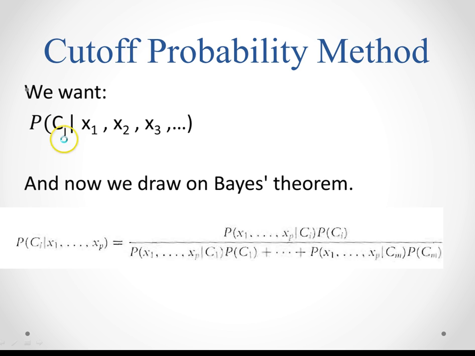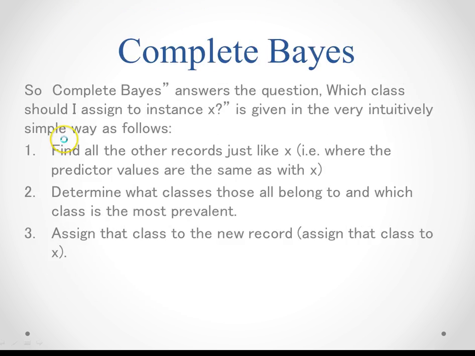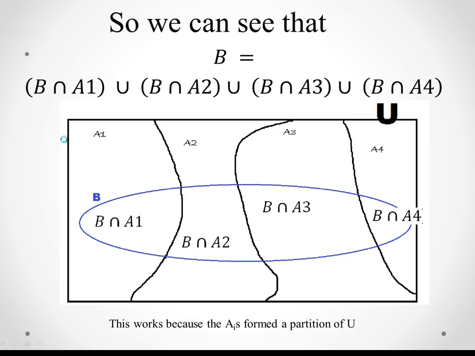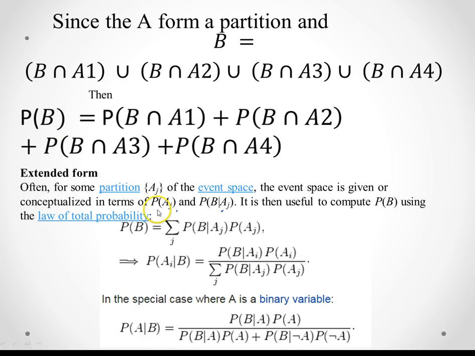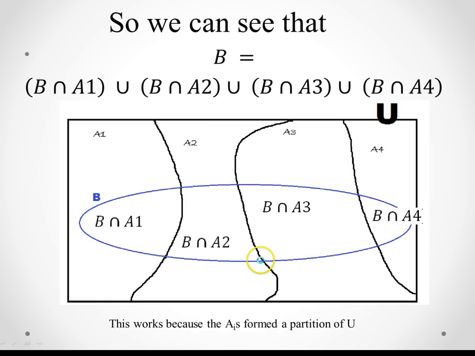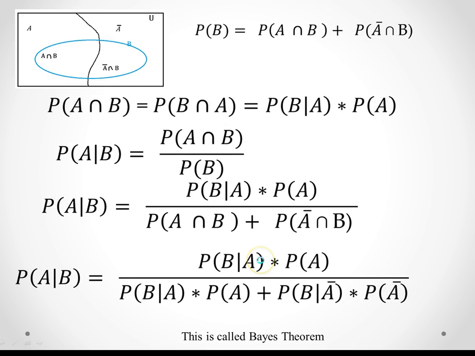Right? In case you don't remember. Here. The probability of something given something else, right, can be written like this. Or let me give you another example here. This one.